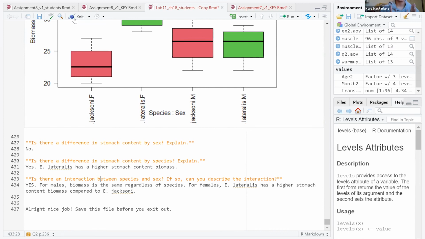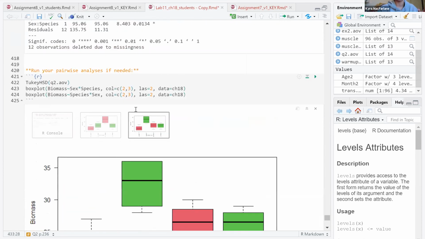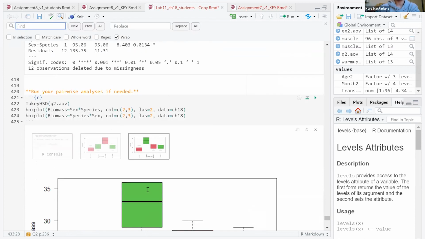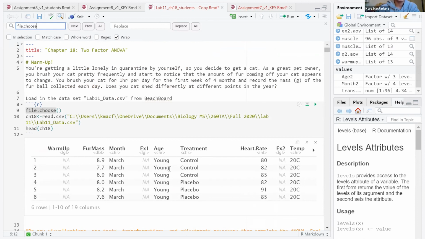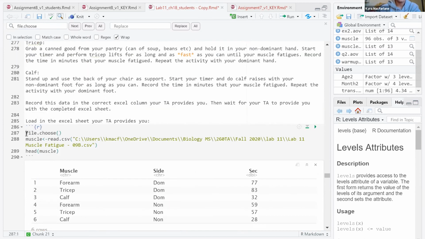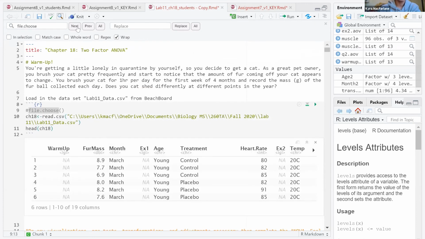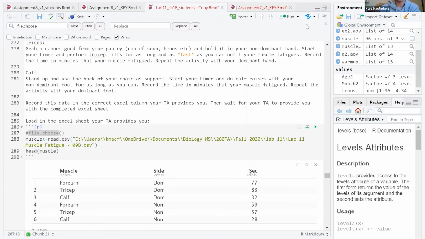The only thing you have to make sure you do before knitting is either delete or mark out the file.choose functions. So I'm going to use Control F to find this file.choose, and I'm going to just hash it out for all of these, or delete it, whichever one. And it looks like those are the only two.